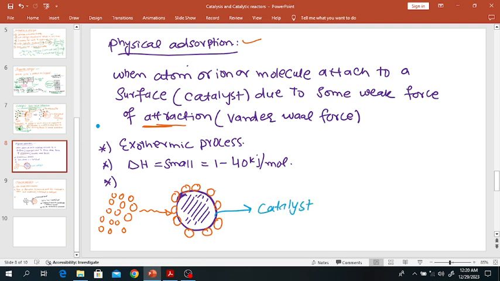These are the adsorbate or molecules for simplicity. Now due to the concentration gradient or partial pressure gradient, these molecules will attach to the solid surface, to the catalyst or adsorbent. So these will attach.